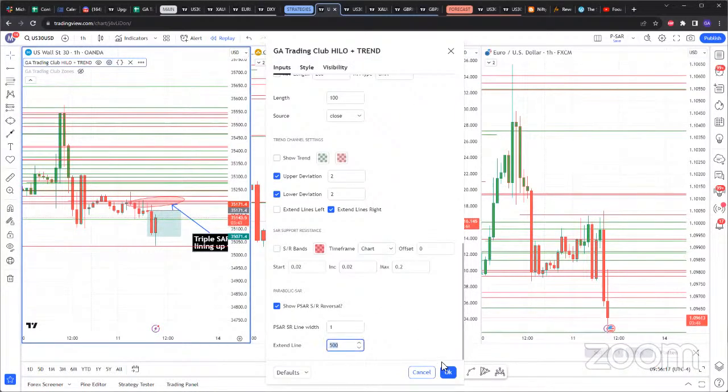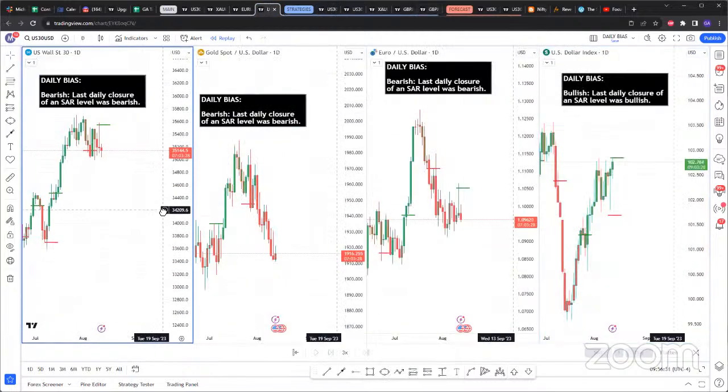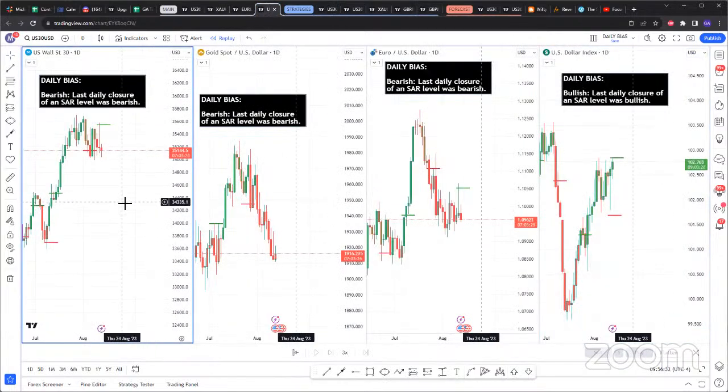The reason I'm extending lines on the 4 hour and on the 1 hour is because I want to capture those triple SARs, those double SARs. In the daily, for me to find bias, I'm not interested in capturing triple zones or double zones because I just want to focus on the current candle on the current SAR that was closed above.